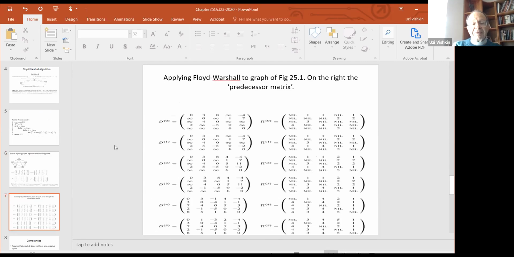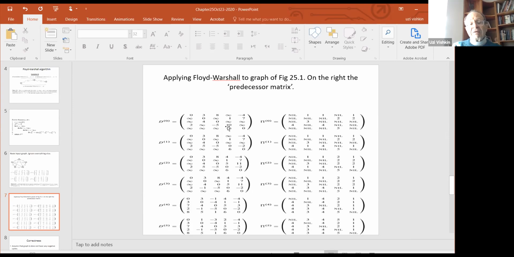So what will happen? In the beginning, this is my graph. The superscript 0 is basically the description of the graph, nothing else. Meaning this is the adjacency matrix of the graph. So let's be sure that this is the adjacency matrix.